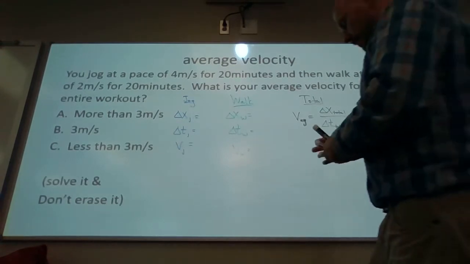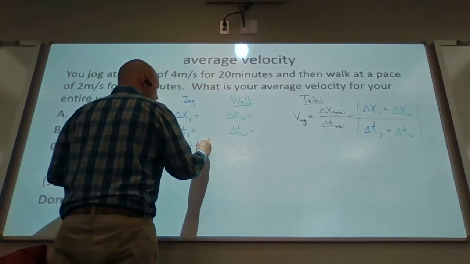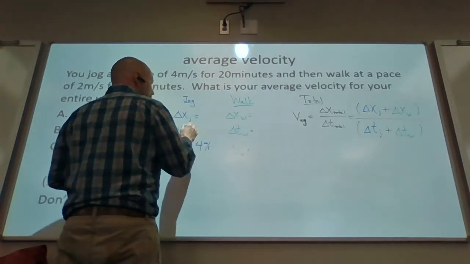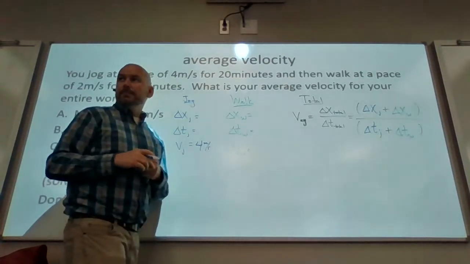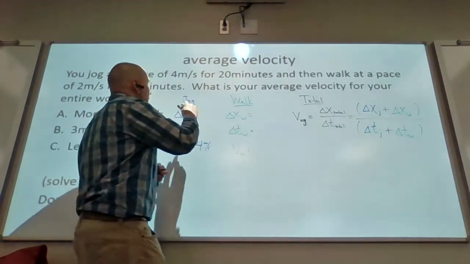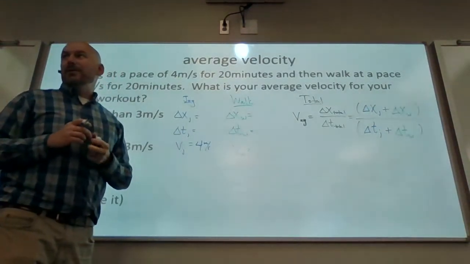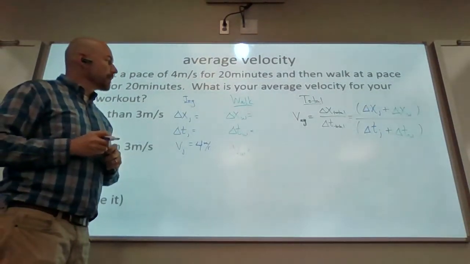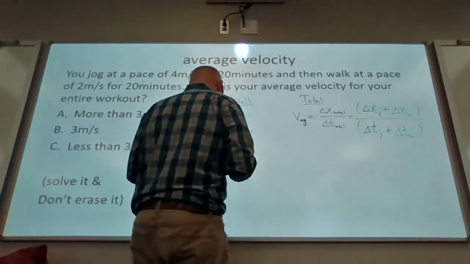Okay, hopefully this wasn't too bad. This is 4 meters a second. You need to convert your time to seconds, because we're given the velocity in meters per second and the time in minutes. You wouldn't have to convert it, but typically the default mode is convert time to seconds.